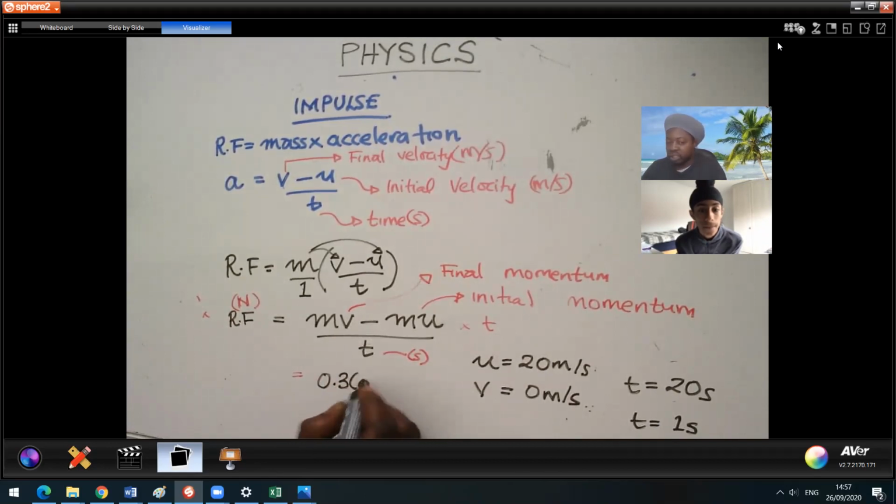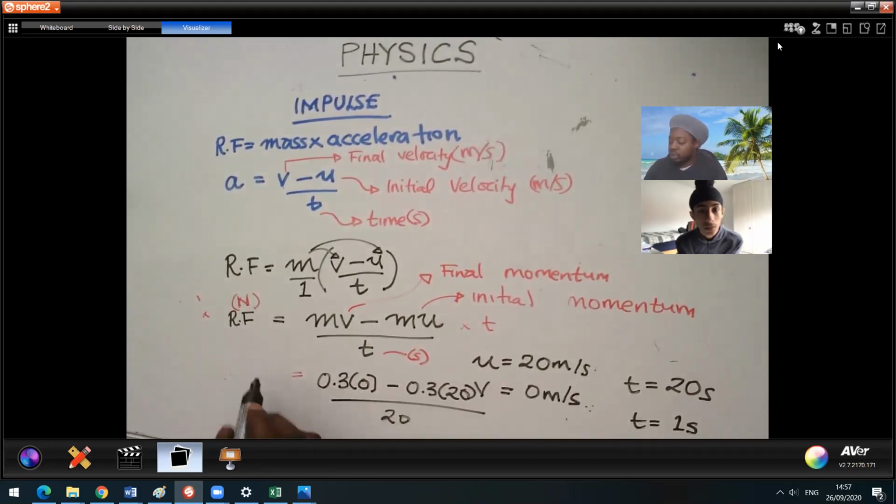Its final velocity is 0 minus 0.3 times its initial velocity of 20. If I catch it in 20 seconds, the impact force I will feel is just 0 minus 3 times 20 divided by 20. So I will feel an impact force of minus 0.3 newtons.